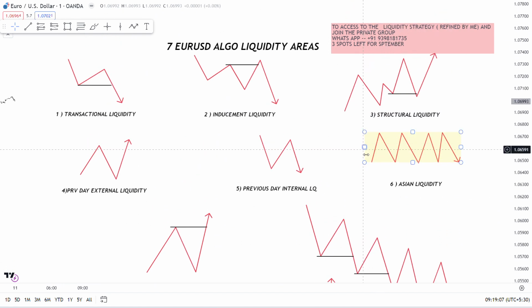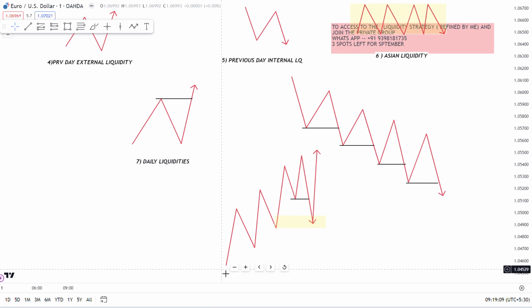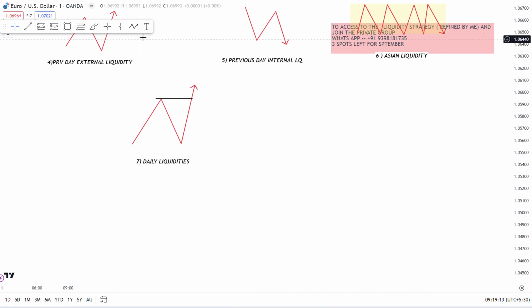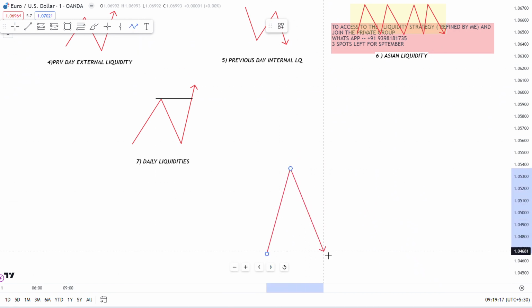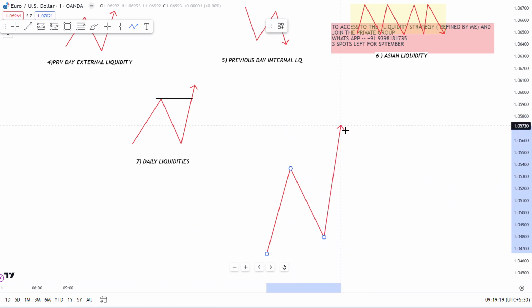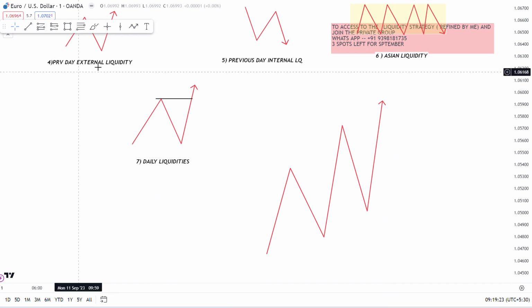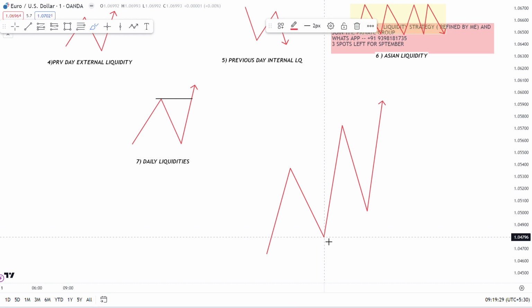Next is the structural liquidity. How does the structural liquidity work? Let's say the market is moving like this, and let's say this is the 15-minute structure. In the 1 minute, the structure looks like this. Let me change the color.